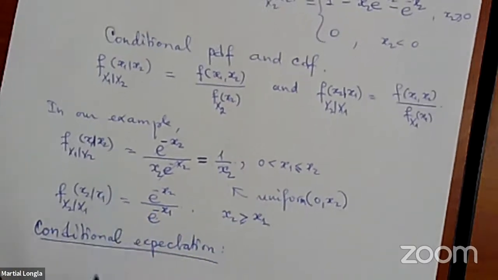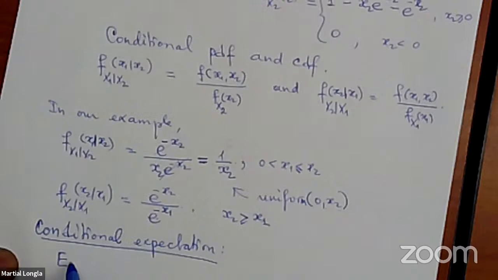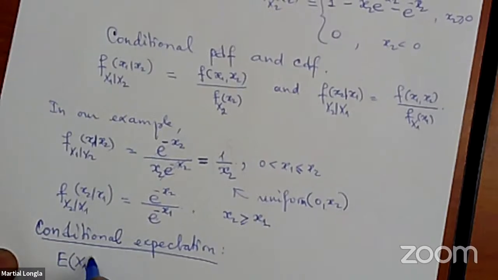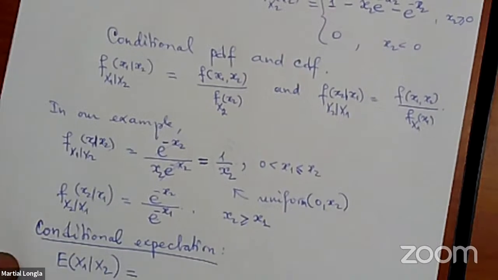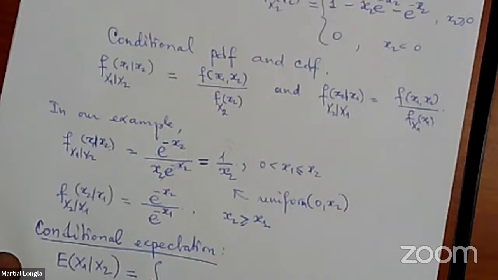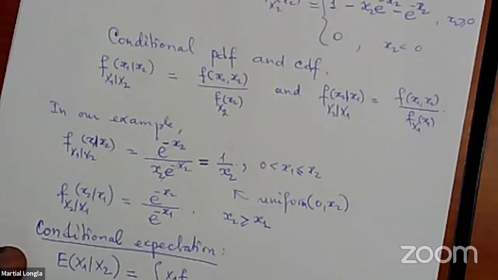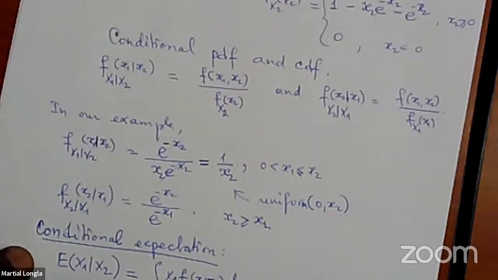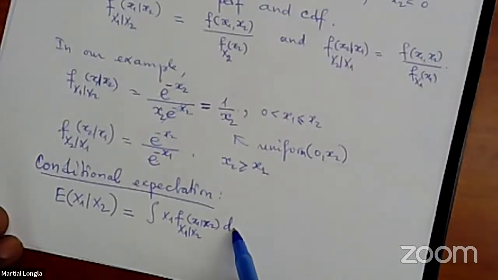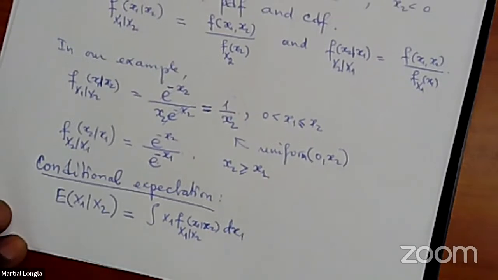So here, how do we do this? The conditional expected value of x1 given x2 equals the integral of x1 times the conditional distribution of x1 given x2, d x1. x2 is fixed.